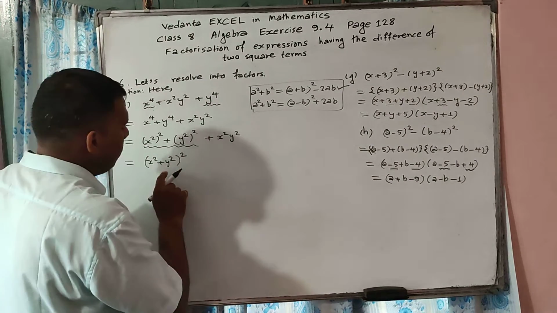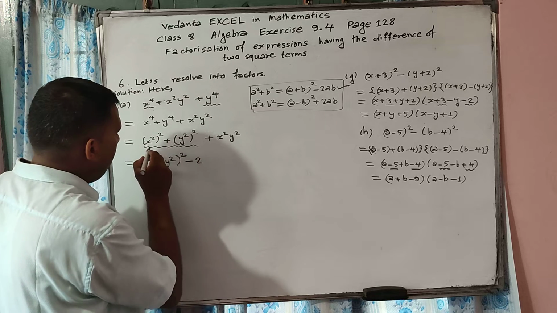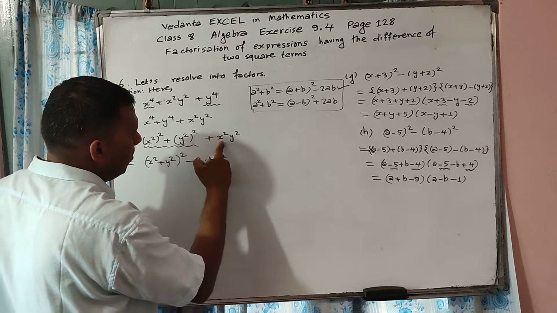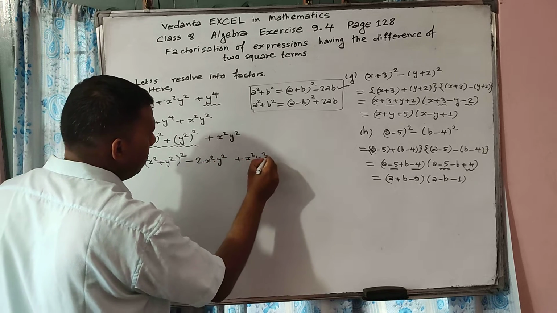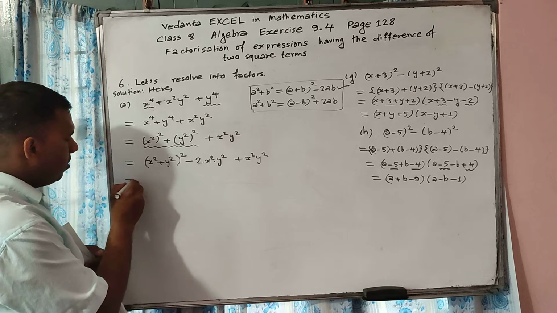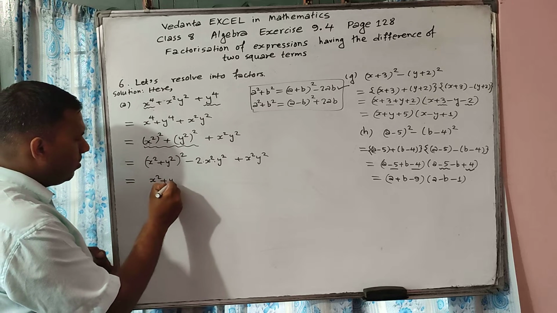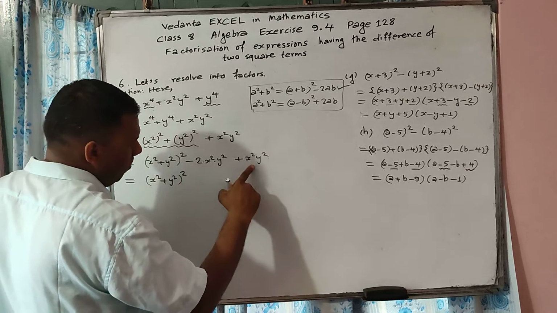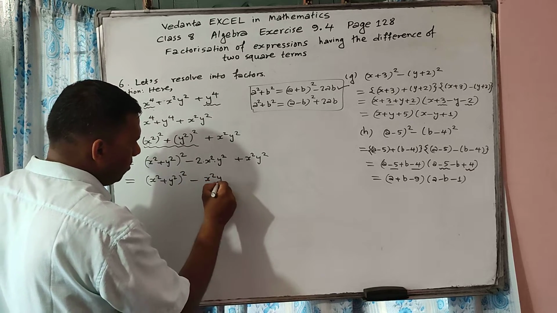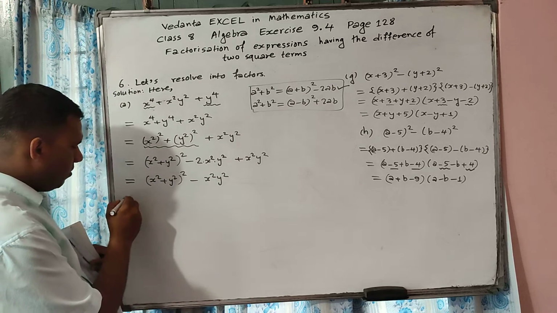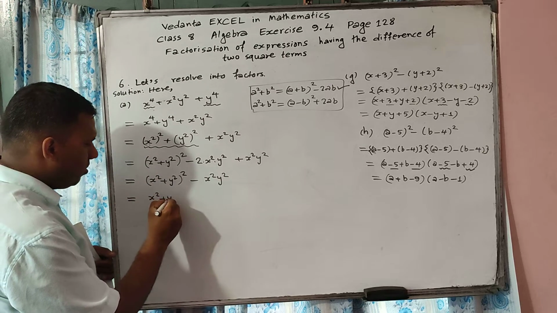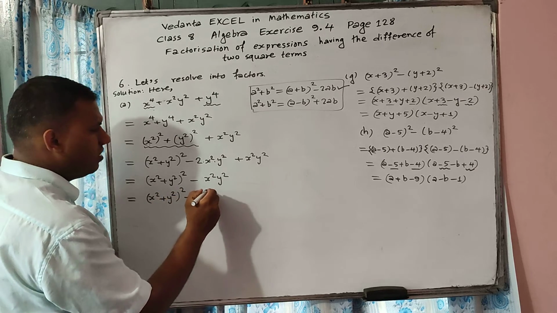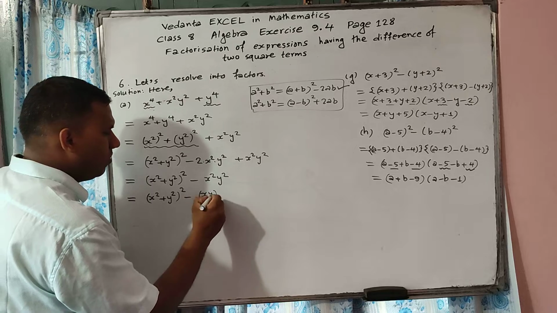So here x square plus y square whole square minus 2, a is x square, b is y square. Remaining term plus x square y square same. This equal to x square plus y square whole square. Negative 2 x square y square positive 1, so remaining minus x square y square. This equal to x square plus y square whole square minus, that is x square y square, that is x y whole square.